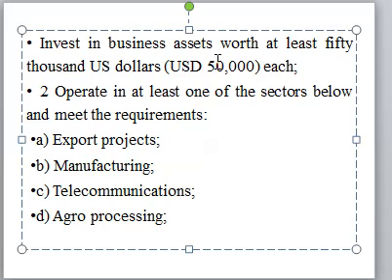This is a very key important part when you are to grant an investment allowance. The value of the asset must be at least, meaning this is the minimum value that you can accept to give an investment allowance.